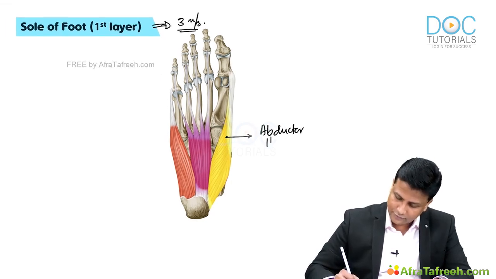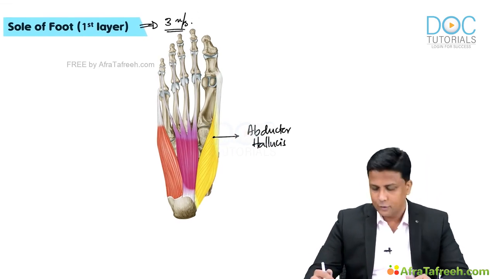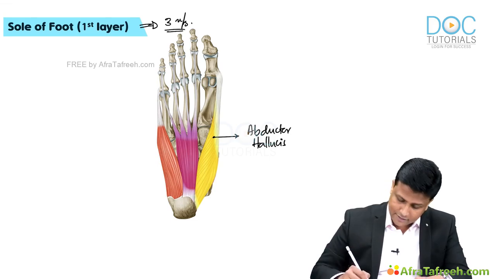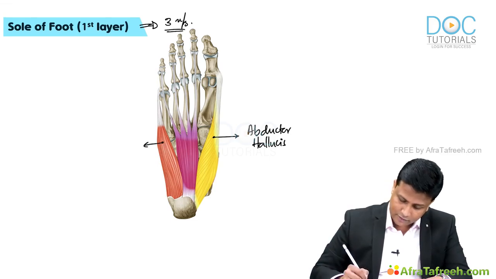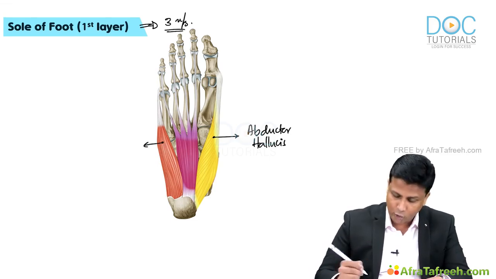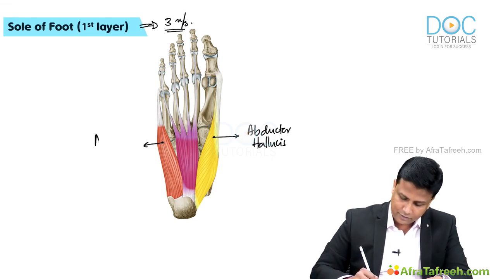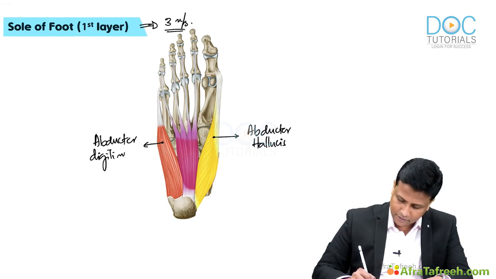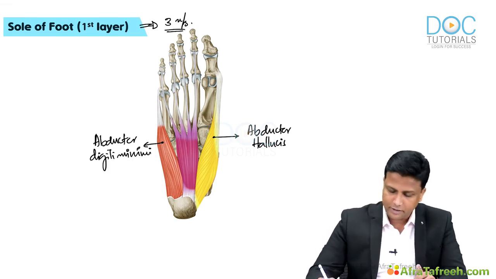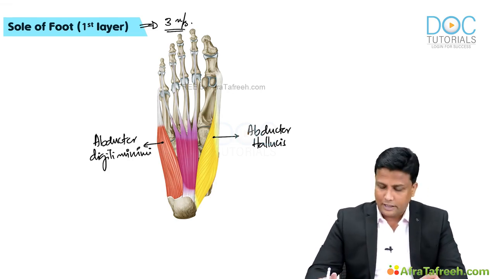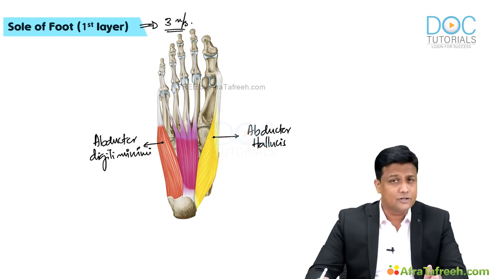Obviously, in the hand we use the word pollicis, whereas here it will be hallucis. And similarly, what is this one here? This one will be for the little toe, so the name of this one will be abductor digiti minimi. So the outermost ones will be your abductors, abductor hallucis and abductor digiti minimi.